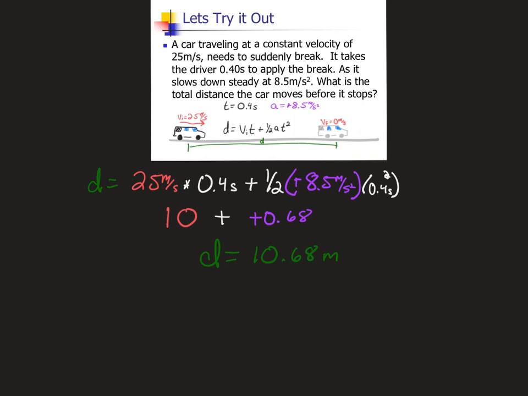The distance that it travels can't be less than the distance traveled in the reaction time, which led me to that miscue of going, oh, maybe I miswrote the acceleration as a negative instead of it should have been a positive. So evaluating our answers is an important skill to do.